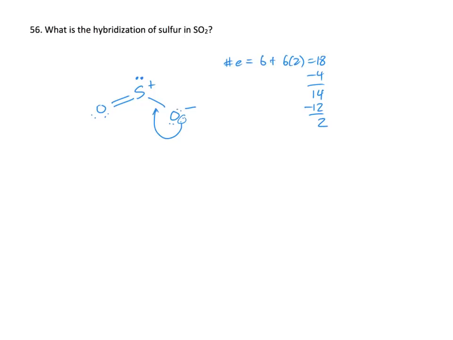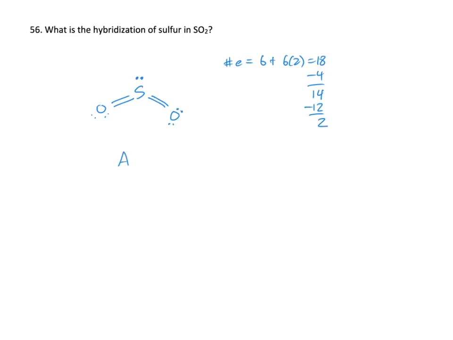So if we do that, take that other pair of electrons down, that gives us a double bond here. We can't forget to erase that electron pair that we moved, and that removes the charges as well. So we end up with this structure.